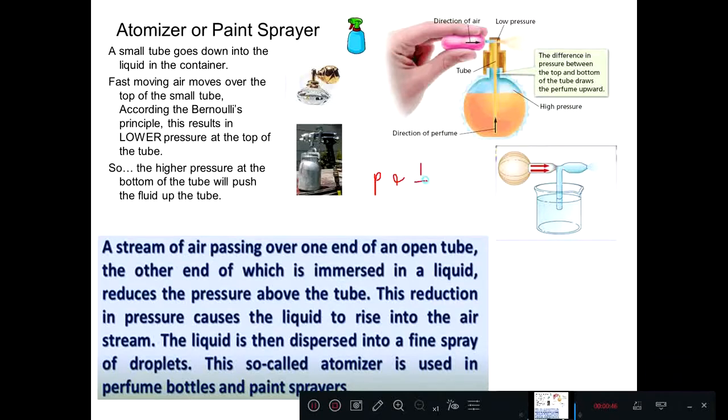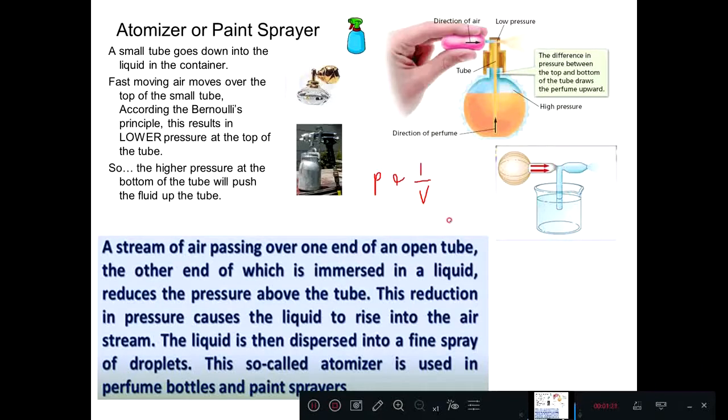Whenever a pressure difference is created between 2 points, either at one point the pressure decreases and at that point the velocity increases, or wherever the pressure increases the velocity decreases. Whenever this happens, that is, the difference of pressure happens, automatically the liquid may come up. Okay, so here also in these kinds of devices, how does the liquid come out or come up?